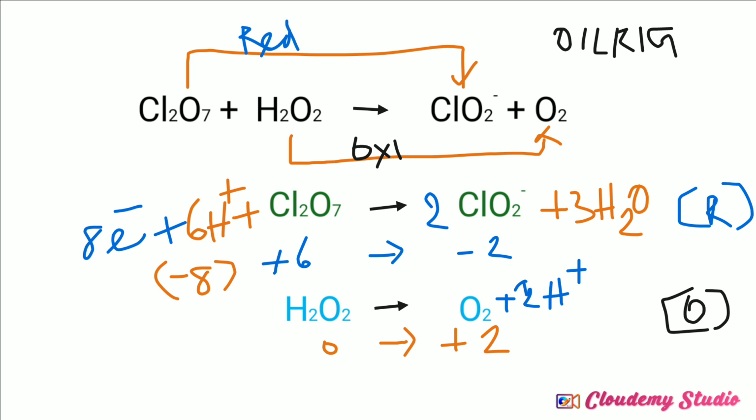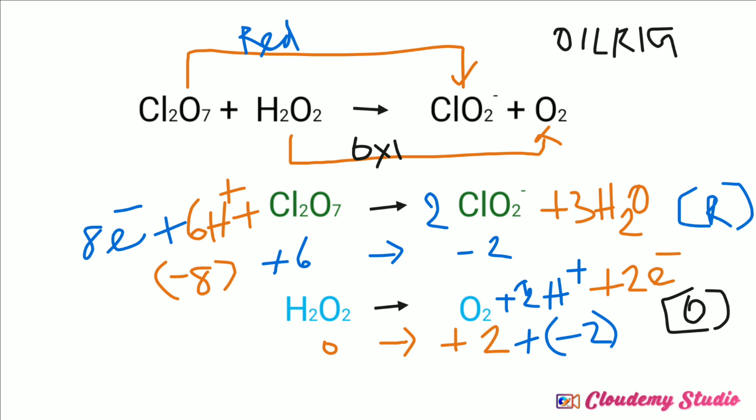If we add minus 2 to the right hand side, then the charges will be equal, 0 on both sides. Therefore 2 electrons we need to add on the right hand side. So 2 electrons are added, and now the oxidation reaction is balanced.